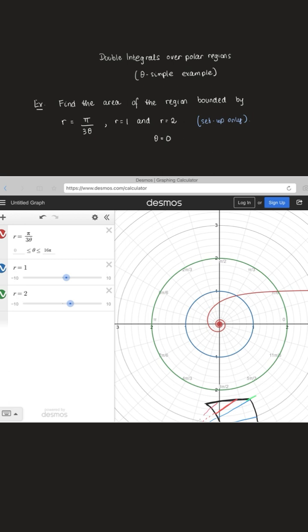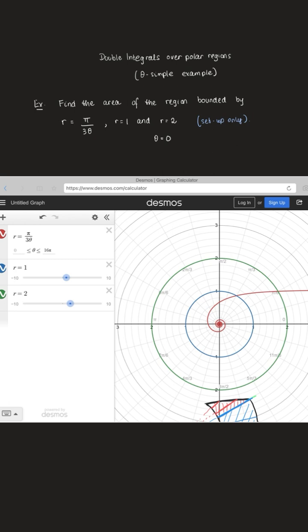Between r equals 1 and our function, r equals pi over 3 theta, until theta reaches pi over 3. So that is not a problem, except that what we would need to do is split this up into two separate double integrals and treat this as one region where if we're doing r simple, r is between 1 and 2, and then this would be a second region where if we're doing r simple, r would be between 1 and our function pi over 3 theta.